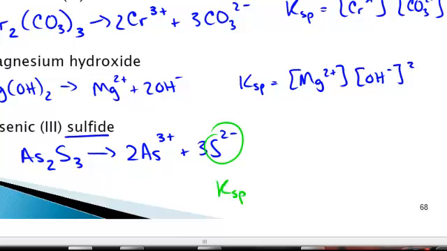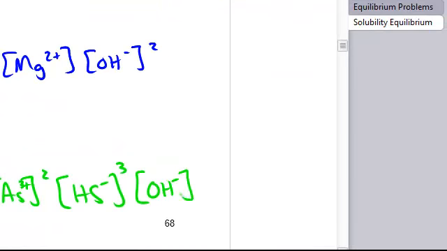So our Ksp is arsenic 3 plus squared times HS negative cubed and OH negative cubed as well. It's going to have the same coefficient in front of it.